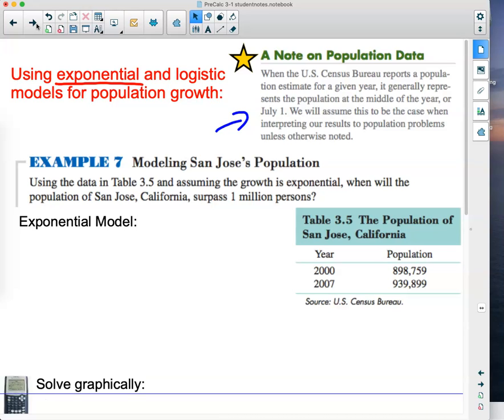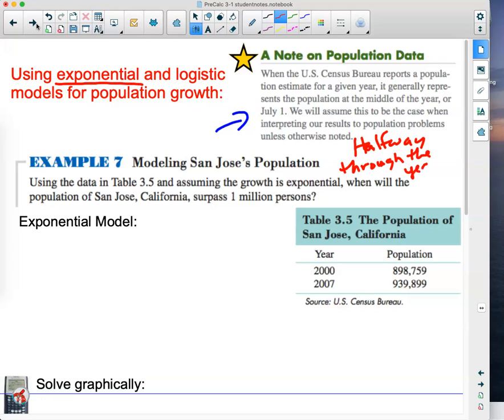And we have to think about that as we do these problems. So halfway through the year. Because July is the 7th month, you've already taken care of everything through June, which would be 6 out of the 12 months on the calendar.